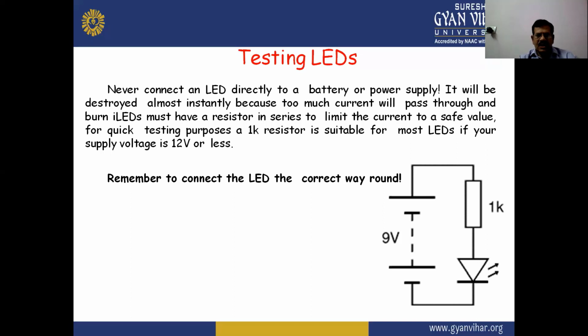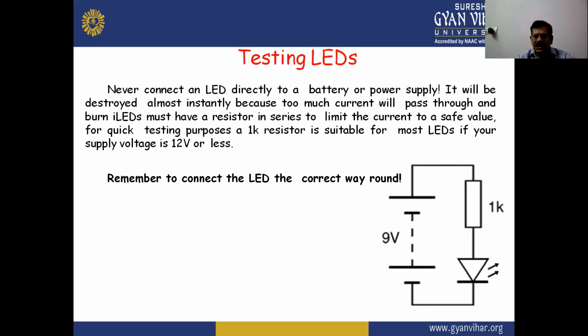So we draw the testing circuit diagram. In this circuit diagram, a 1 kilo ohm resistor is connected in series with the light emitting diode, and a 9 volt supply is applied to the LED with the help of this 1 kilo ohm resistor.